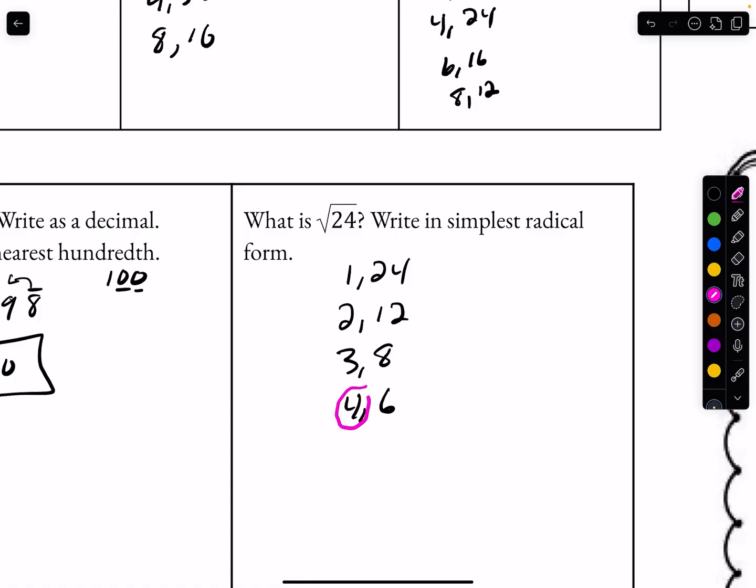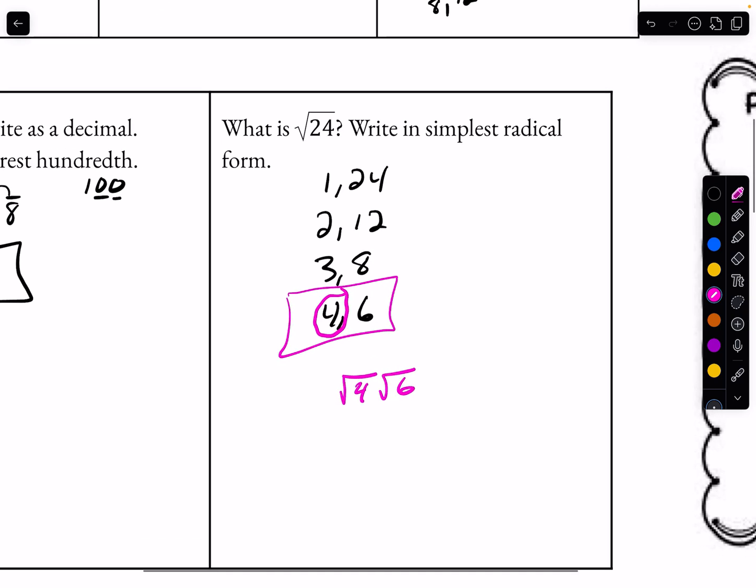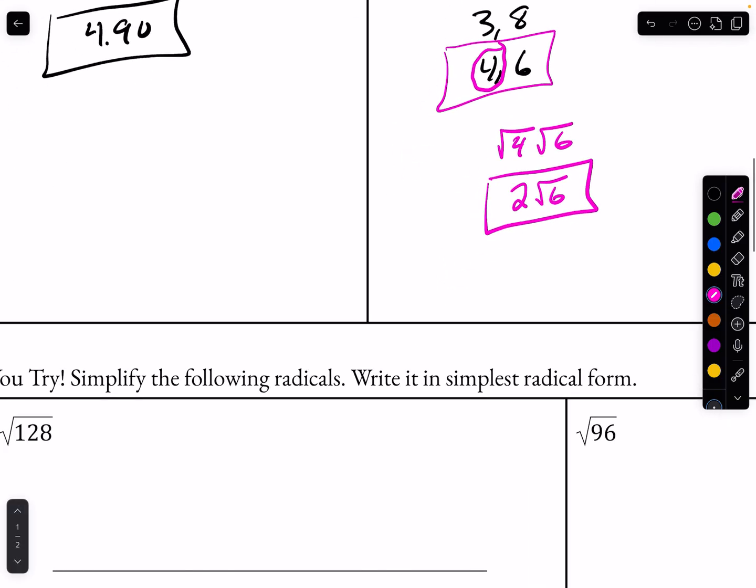We should know by now that 4 is a perfect square, and it's the only one. So I'm going to rewrite the square root of 24 as the square root of 4 times the square root of 6, using that factor pair. The square root of 4 is 2, and radical 6 cannot be simplified any further. You can break it down to 2 times 3, but neither of those are perfect squares. That's why we say this is in simplest radical form.